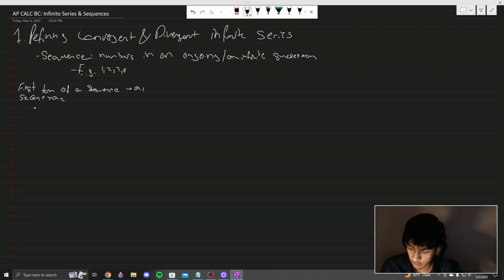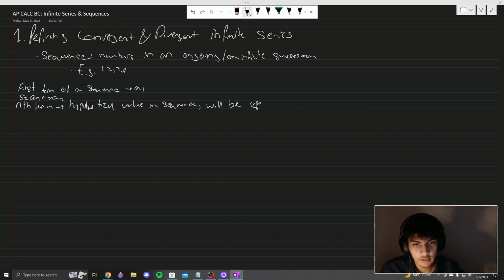So going on this model, the nth term, which is a hypothetical value in the sequence, will be represented by the expression a sub n. Now this is important, okay, because we will be writing a sub n many times.